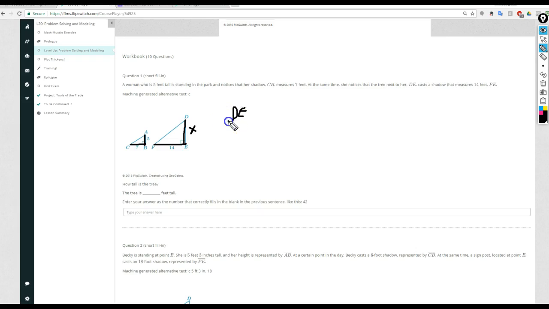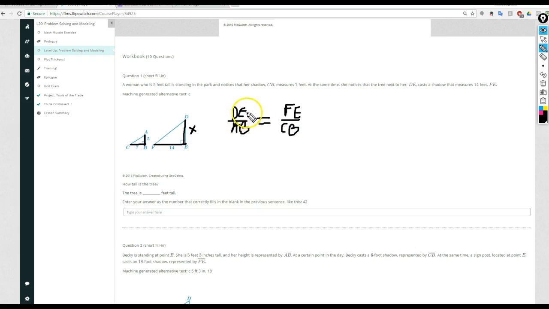The ratio of DE compared to its corresponding side, which is AB, is going to equal the same ratio as the length of the shadow of the tree, FE, to the length of the shadow of the woman, CB.